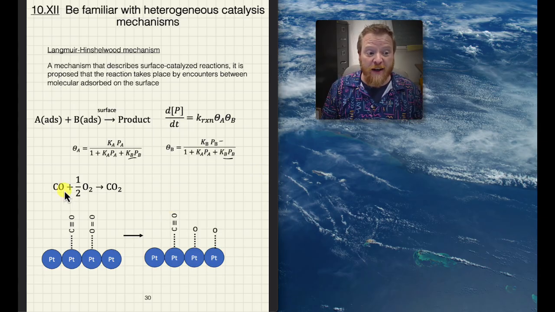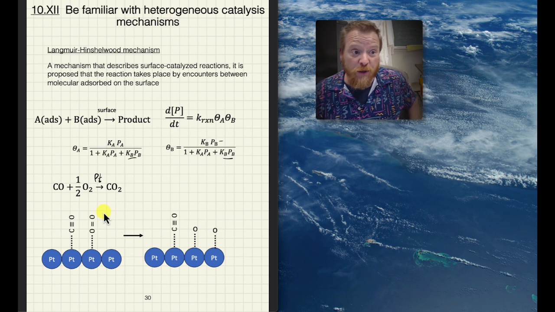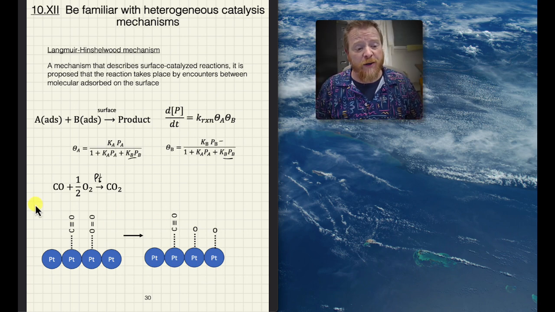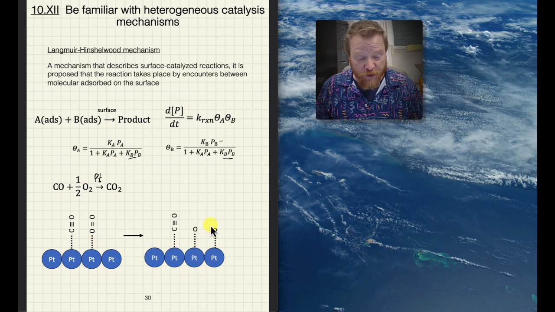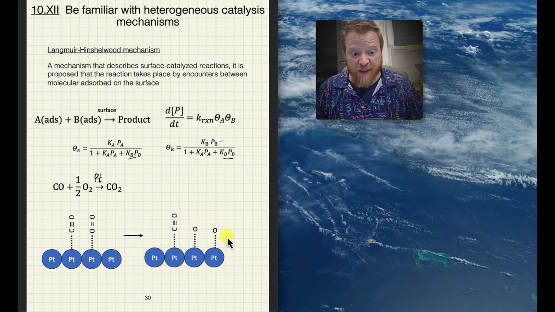But the classic oxidation of carbon monoxide to form carbon dioxide over a platinum catalyst is thought to occur via Langmuir-Hinshelwood. The way this is thought to occur is that both the carbon monoxide and the O2 adsorb. The O2 undergoes dissociative adsorption into two oxygen atoms.